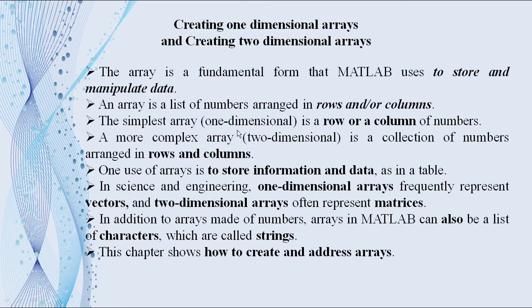That is why it is said to be one-dimensional. A more complex array, a two-dimensional array, is a collection of numbers arranged in rows and columns. So both of them will be available, rows and columns.